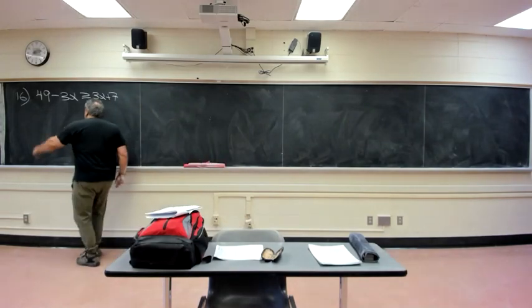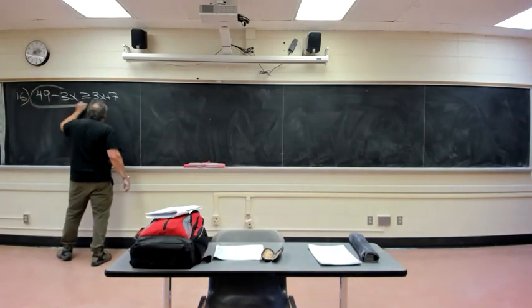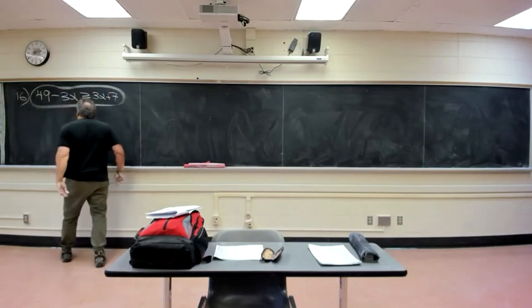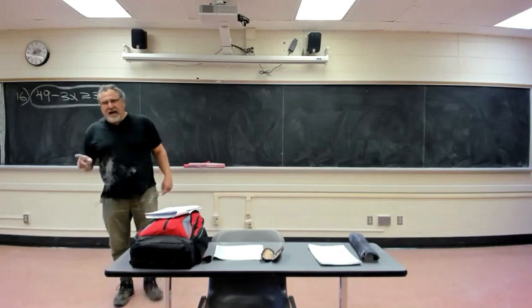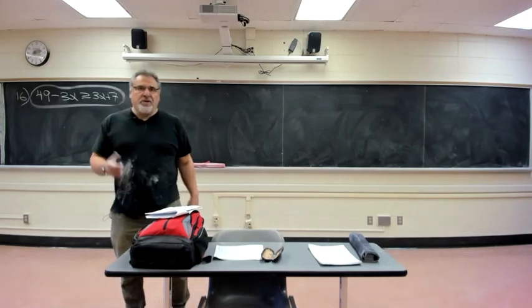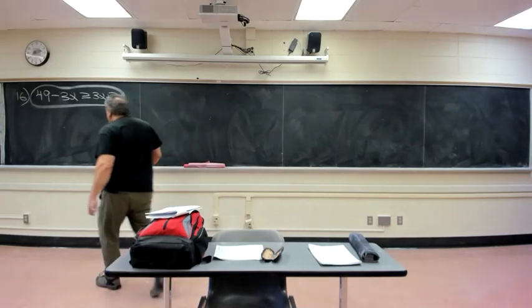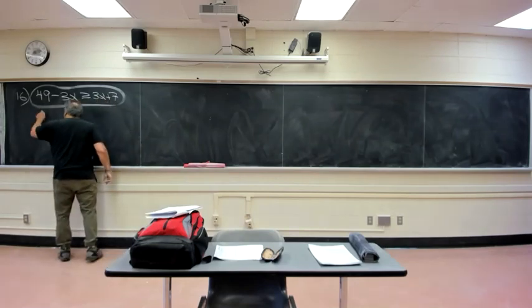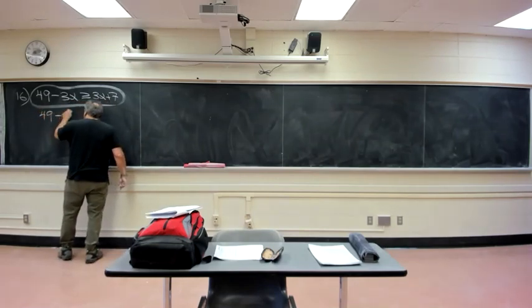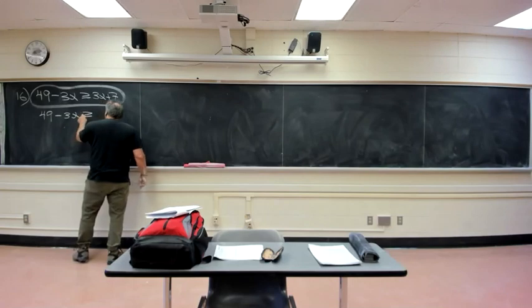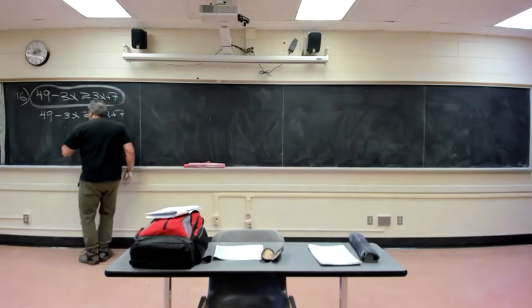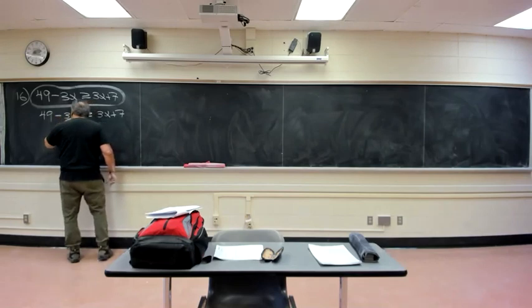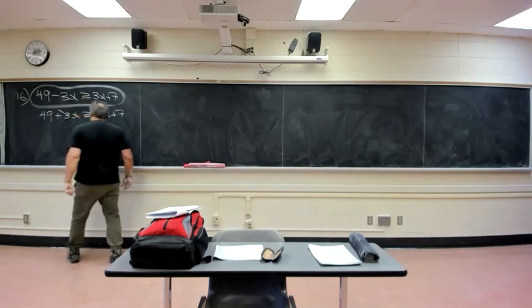If you're looking at this thing, you could say, okay, let's get all the x's over to the left-hand side. Let's get all the numbers over to the right-hand side. So what you have is minus 3x is plus a negative 3x.